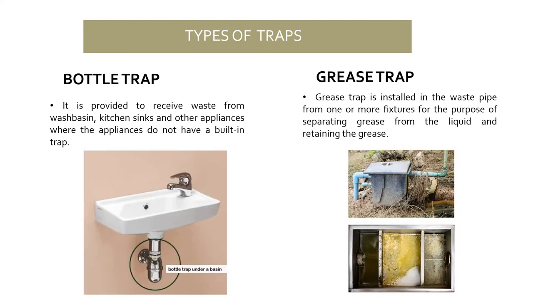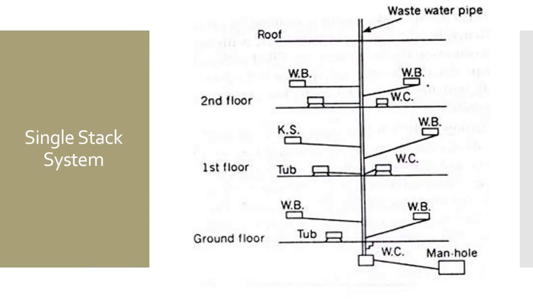Bottle traps are used beneath your wash basins. Grease traps are used in covered parkings, because a lot of grease is generated by cars, so this can be used as a filter system there.